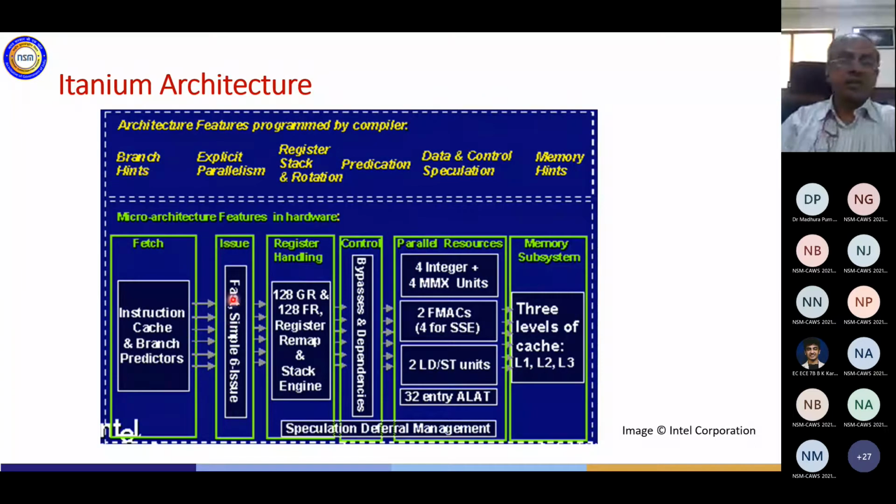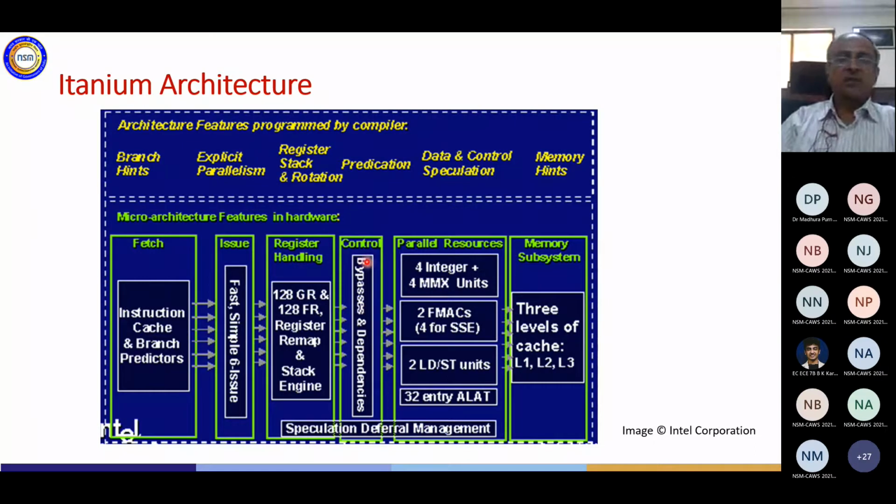The issue unit is very simple. There is explicit parallelism. It can issue 6 instructions simultaneously. Where will they take data from? They will take data from register handling. I don't know whether register renaming and these things were explained in the morning, but that is handled here. Then bypasses and dependencies were also explained in the morning.